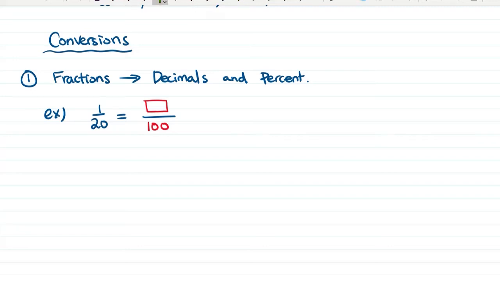So 20 can be changed to 100 by multiplying by 5. So we do that to the numerator as well. 1 times 5 is 5. So that means 1/20 is 5%, and in decimal form, it's 0.05.